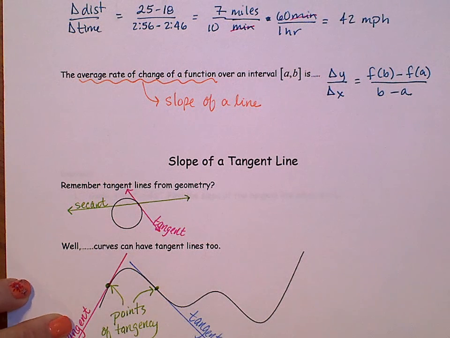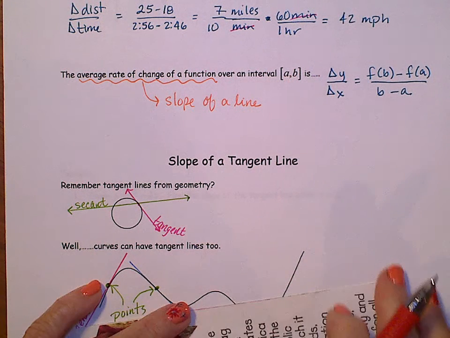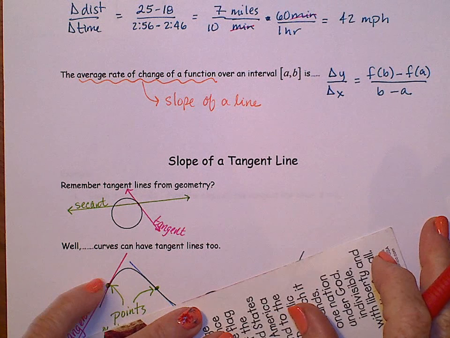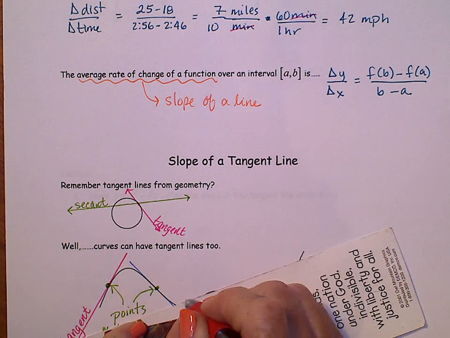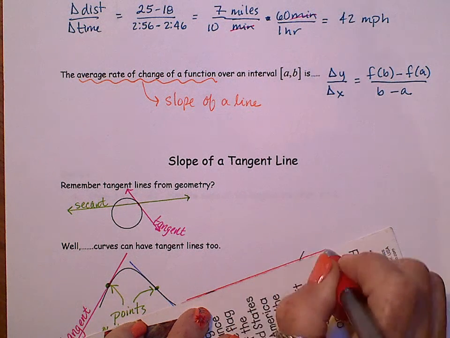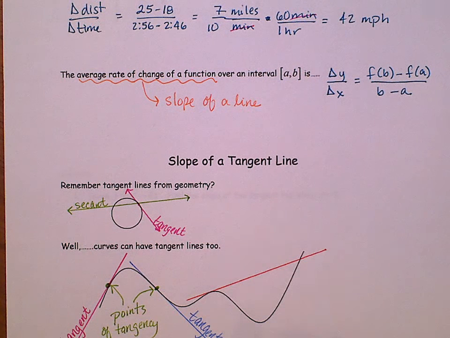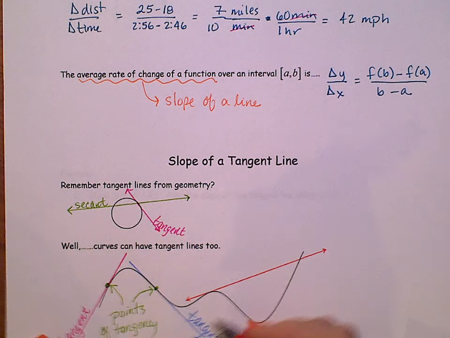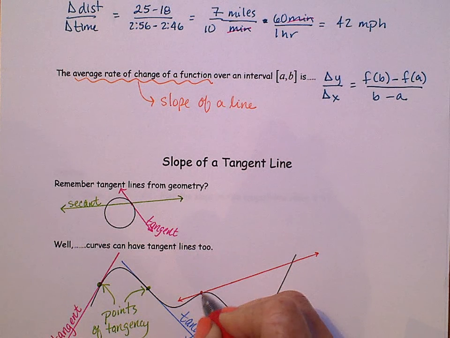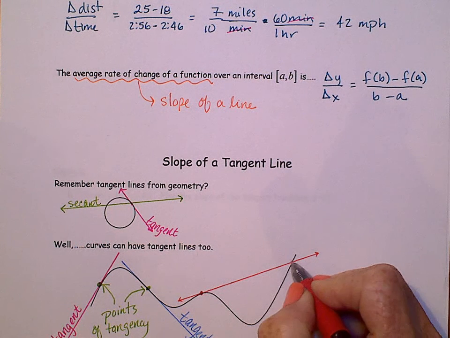All right, now there's one other situation I need you to take a look at. If we look right here, this line that I'm drawing intersects the curve at 2 places. Actually, if I extended it, it would hit a 3rd point over here, and then assuming that this continues down, it would hit a 4th point. And visually, what I need you to see is the difference between this point right here and this one right here.